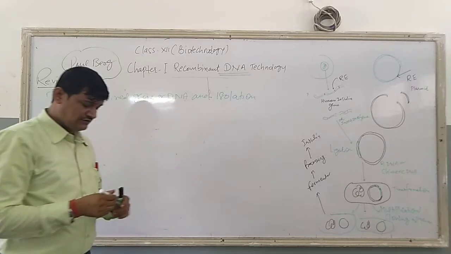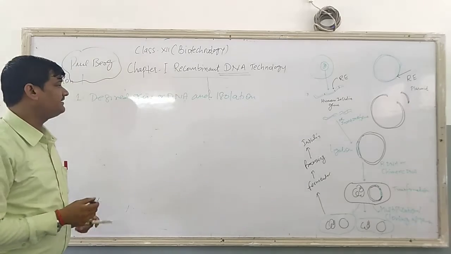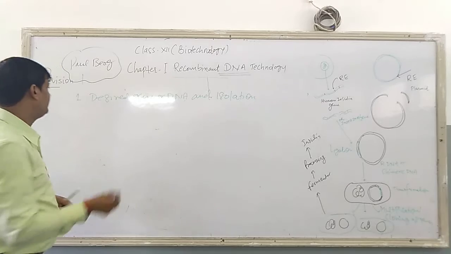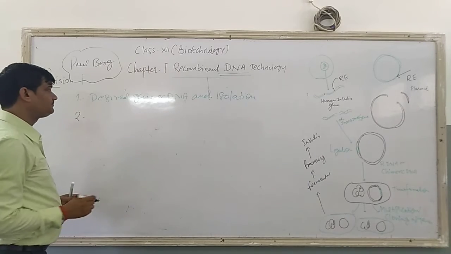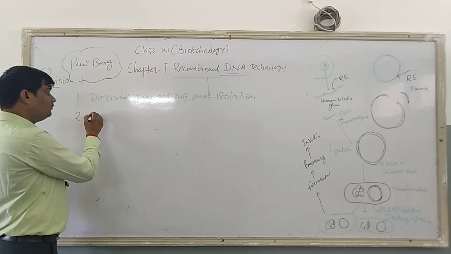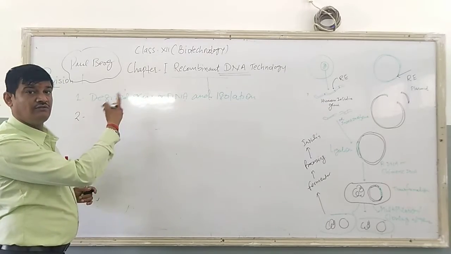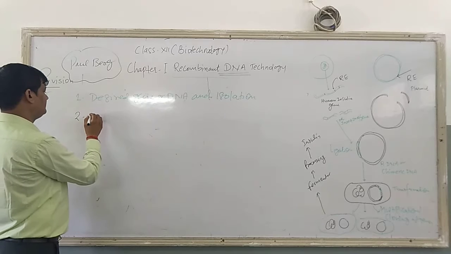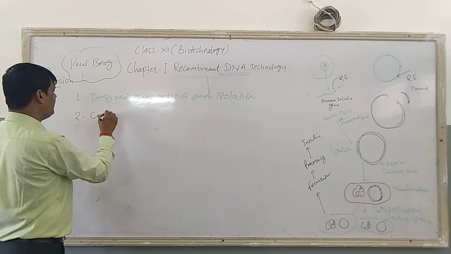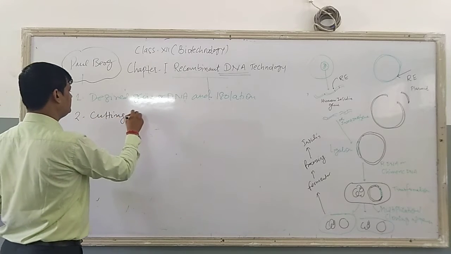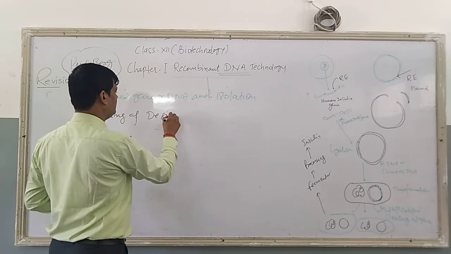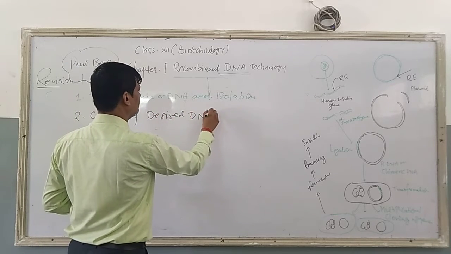So, isolation and selection of the desired gene or DNA. Number two, use of restriction enzyme to cut the desired gene into fragments, cutting off the desired DNA.